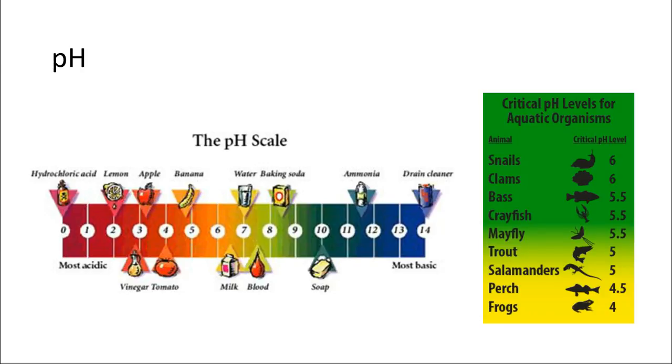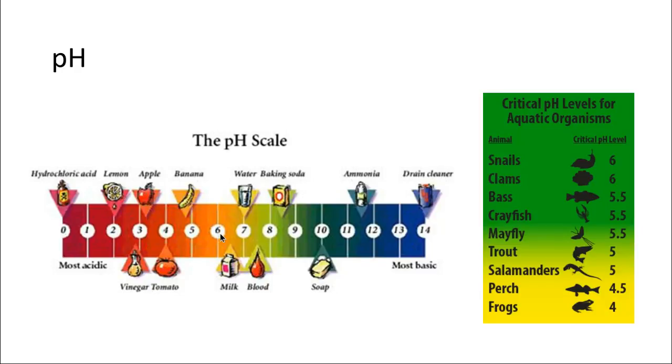Here's the pH scale, where 7 is neutral, 0 is the most acidic and 14 is the most basic. I know you know this well, but I'm going to point out that the pH is a logarithmic scale. So for every jump from 5 to 6, it's 10 times.